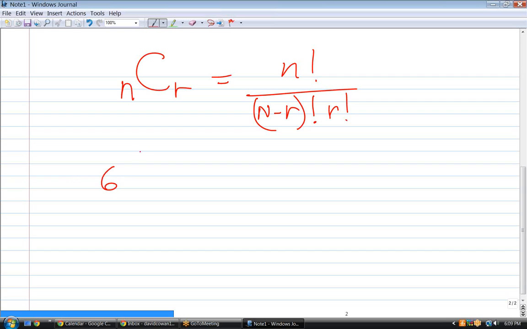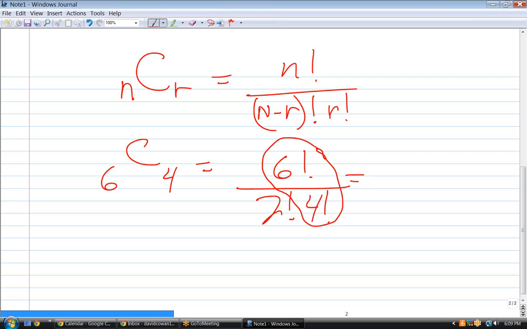Because if you had something like 6 choose 4, or how to choose 4 ways out of 6 possible ways, then that's going to be 6 factorial divided by 6 minus 4, 2 factorial times r, which is 4 factorial. And notice that this becomes 6 times 5, which is 30, but also divided by 2, so it's 15. Okay.